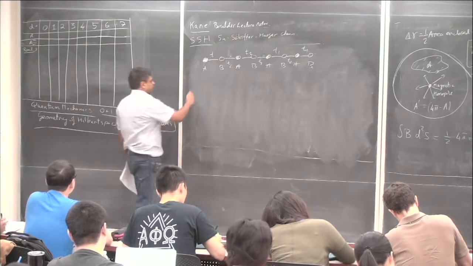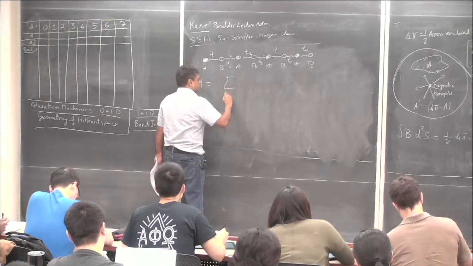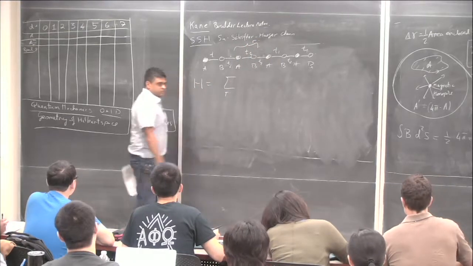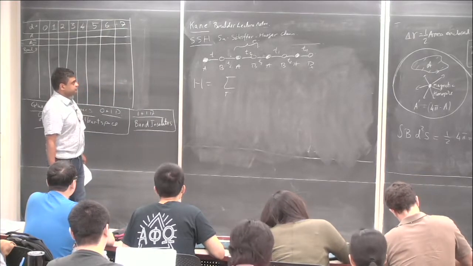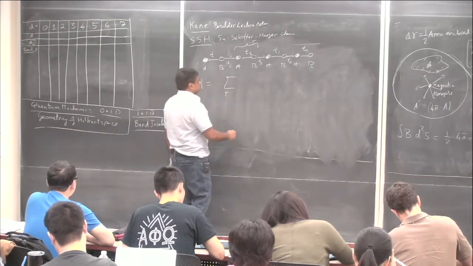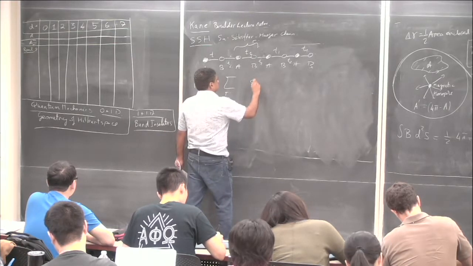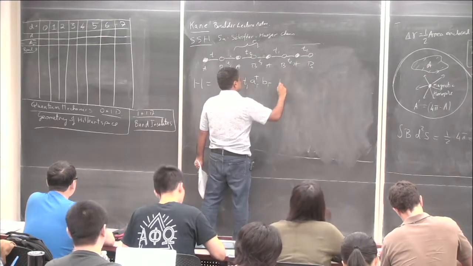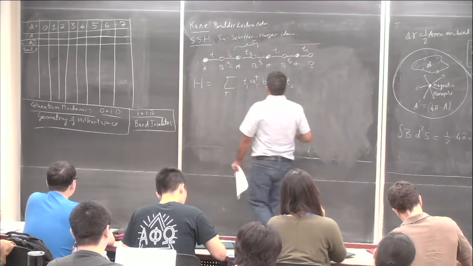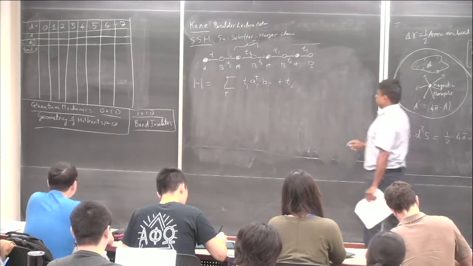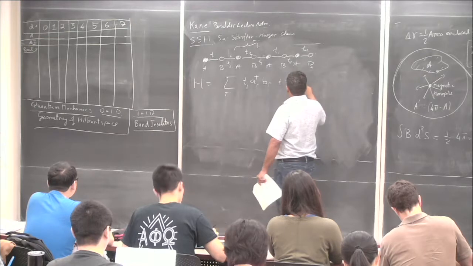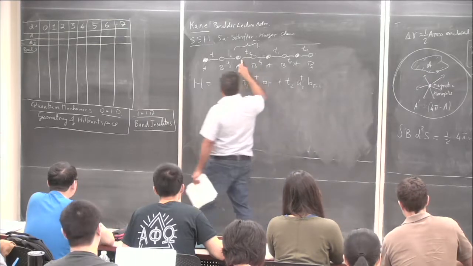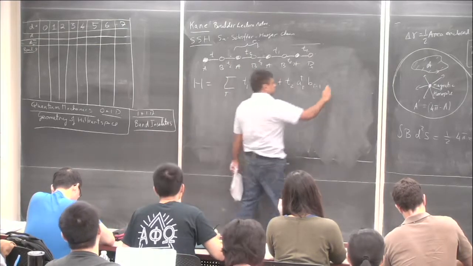for a moment. So we have a Hamiltonian, which is just a sum over all positions. So this is the unit cell, if you like. These are labeled by integers, R. Okay, so there's this hopping and this hopping, if you like, and then we have the Hermitian conjugate.